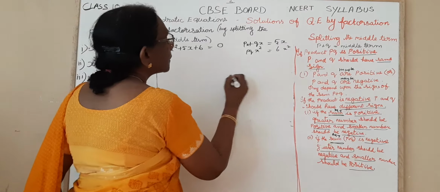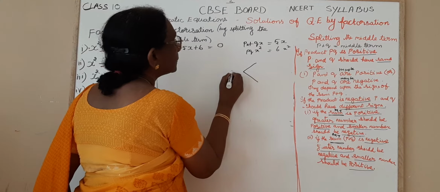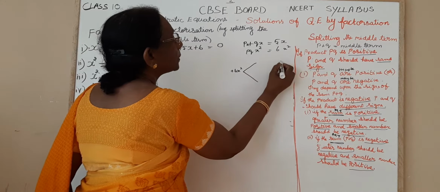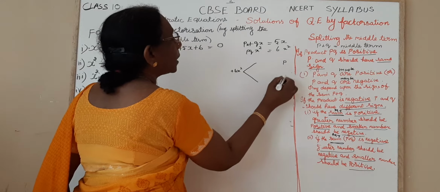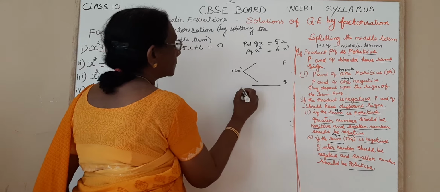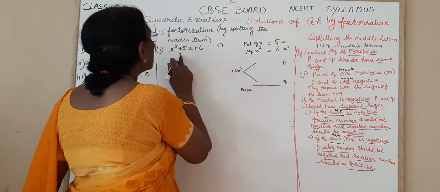Okay, now we just draw like this. Here you write the product, plus 6x squared. And here you write P, the big number, and Q, the small number. And here you write the sum, Px plus Qx. So what is the middle term here?